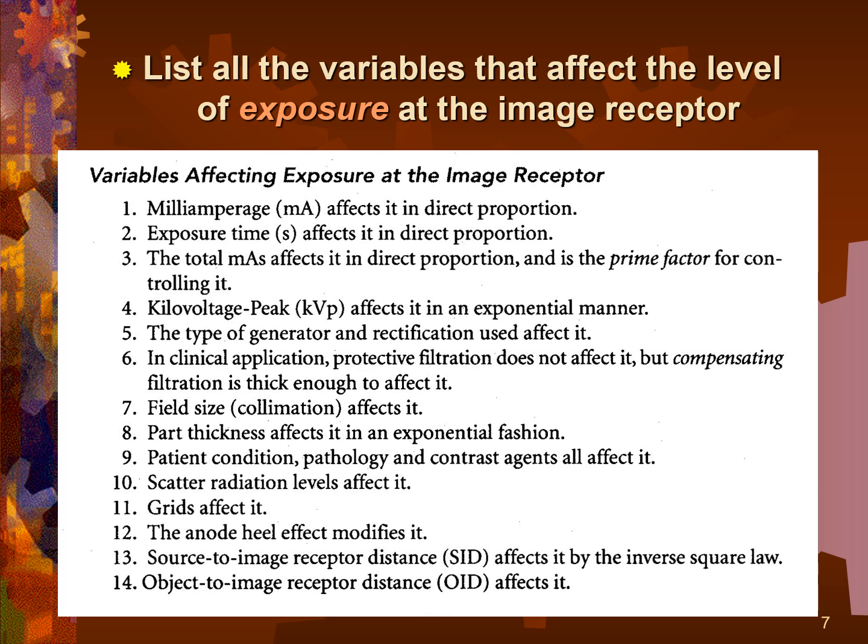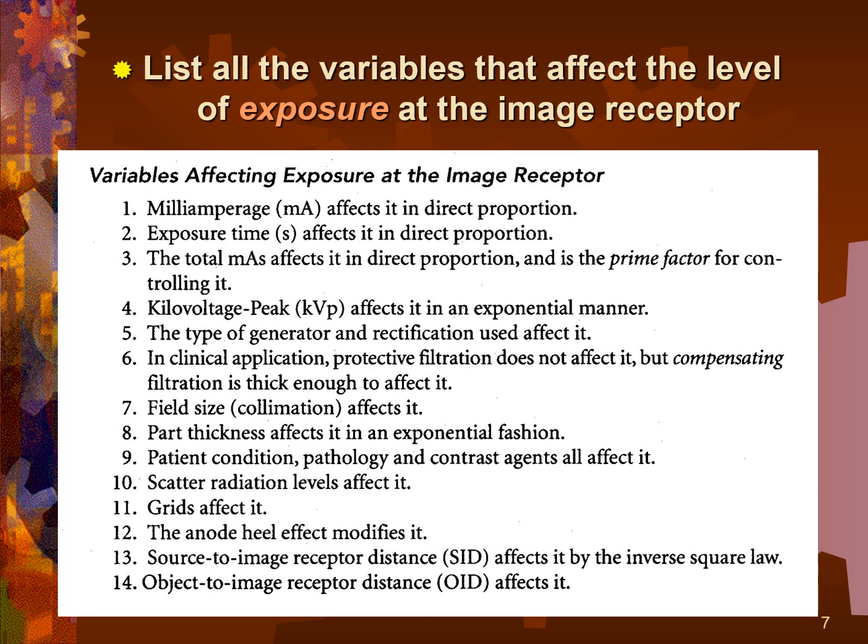Exposure time and milliamperage, ultimately mAs, both factors of mAs affect remnant beam signal strength in direct proportion because they affect primary beam signal strength, or primary beam intensity, or quantity. Okay. Total mAs affects it in direct proportion. It's the prime factor for controlling signal strength. Okay, not controlling brightness, controlling signal strength.